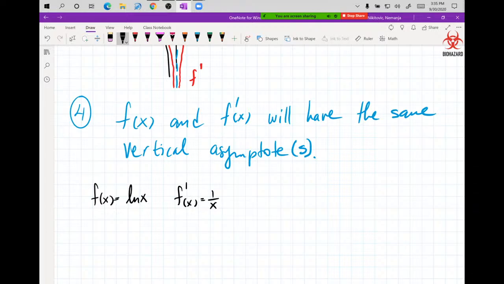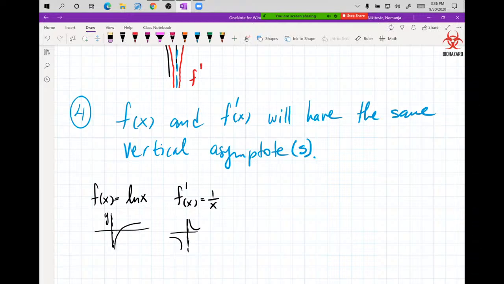Now, if you draw both of these functions, you draw ln x, and you see that there is a vertical asymptote where the y-axis is. And if you draw 1 over x, you still have the same location for the vertical asymptote. So vertical asymptote is preserved.